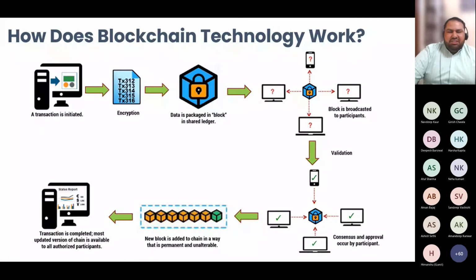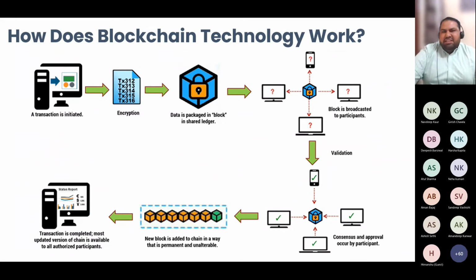Shared ledger means that all the nodes connected in a peer-to-peer network have their own copy of that particular data. Each node has its own data copy. Then the block is broadcast to participants. Then the nodes working as miners in the system validate that block and its data.